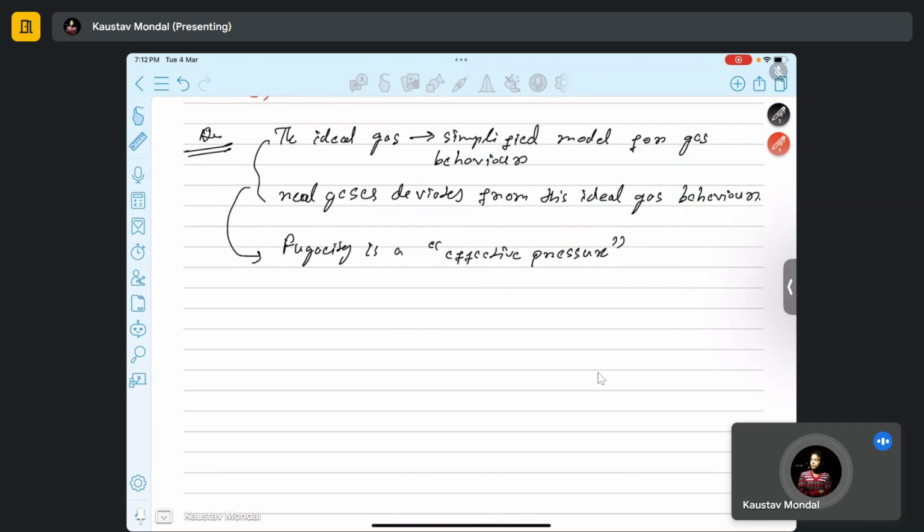So effective pressure. Why are we saying it is effective?